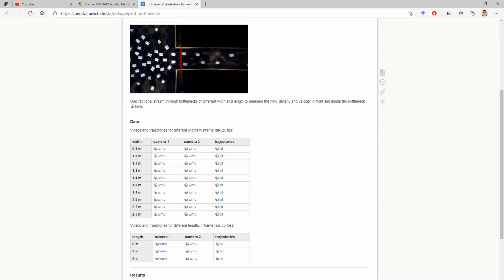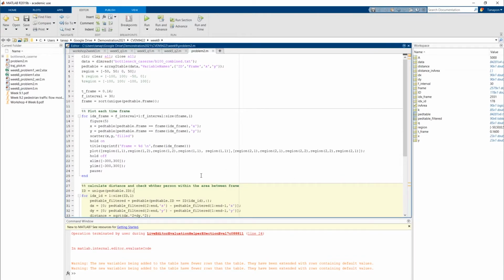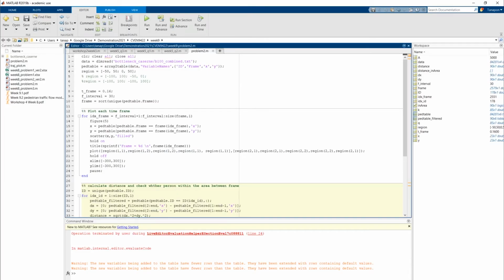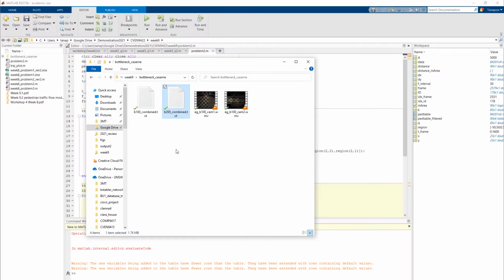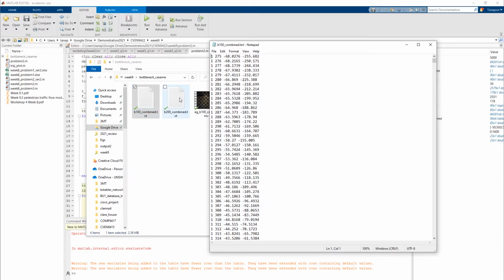That should be enough for us. Another researcher did the image processing, computer vision, and they already extracted the trajectories for us. Those trajectories are recorded in these two files, B100 and B200.